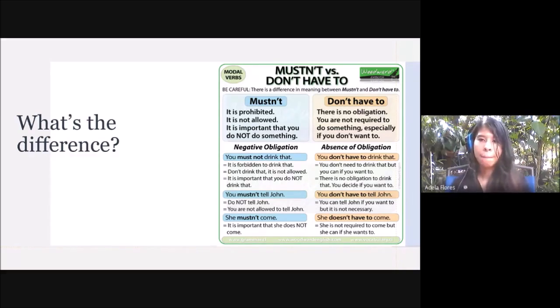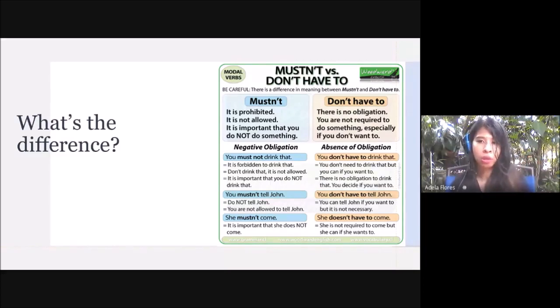For example, mustn't means it is prohibited, it is not allowed, it is important that you do not do something. Está prohibido, no está permitido o que es algo importante que no se haga. Es decir, algo que si lo hacemos, aunque nos estén diciendo que no, puede tener consecuencias.